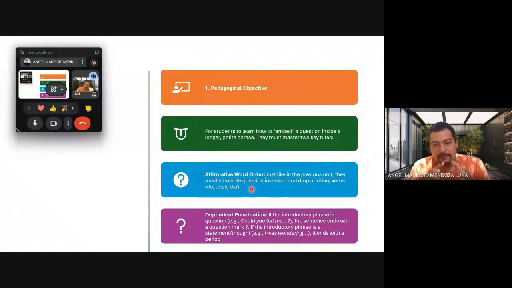And if the introductory phrase is a statement like, I was wondering, it ends with a period. Those are the two grammar tips you need to have in mind when using embedded questions. All right.